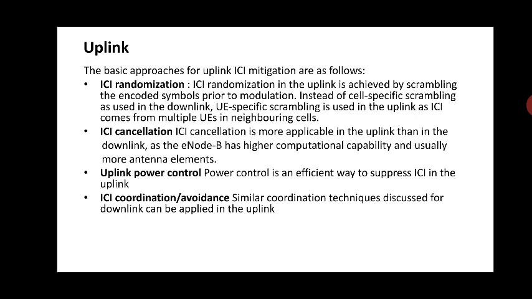The fourth one is ICI coordination and avoidance. As we have discussed, it depends on similar allocation of the resources to the user equipment from the E node B, by using FFR techniques.